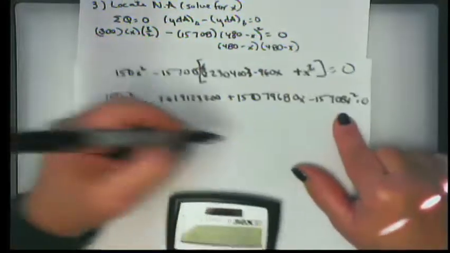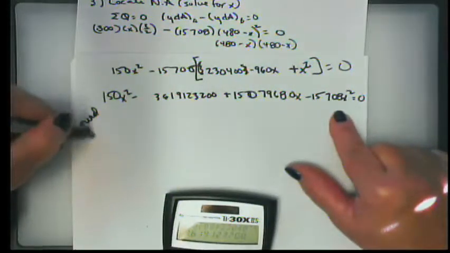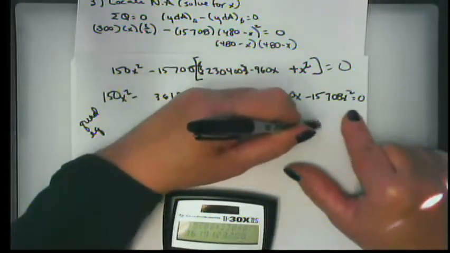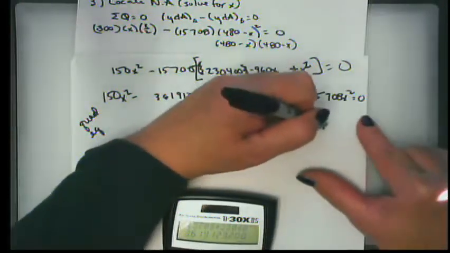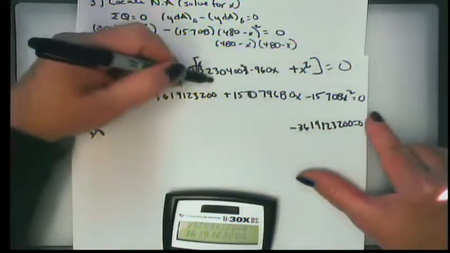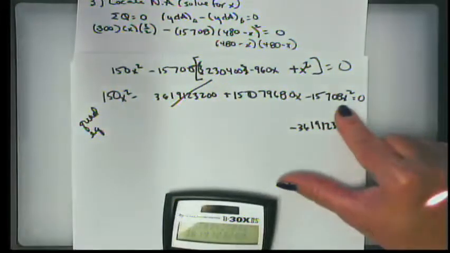So what I'm going to do over here is rearrange this so I can write it as a quadratic equation. So we have minus 3619123,200. It's this number. Then I have two numbers in x squared.